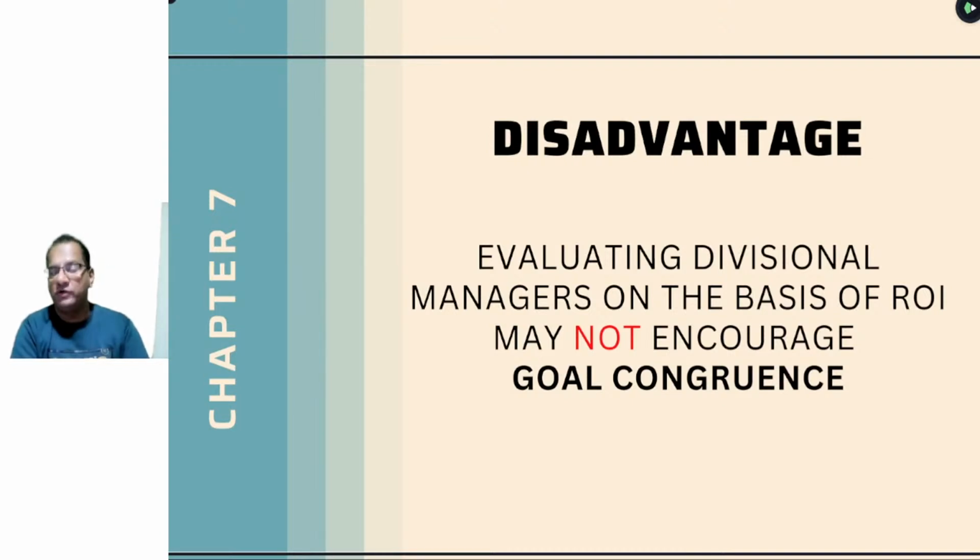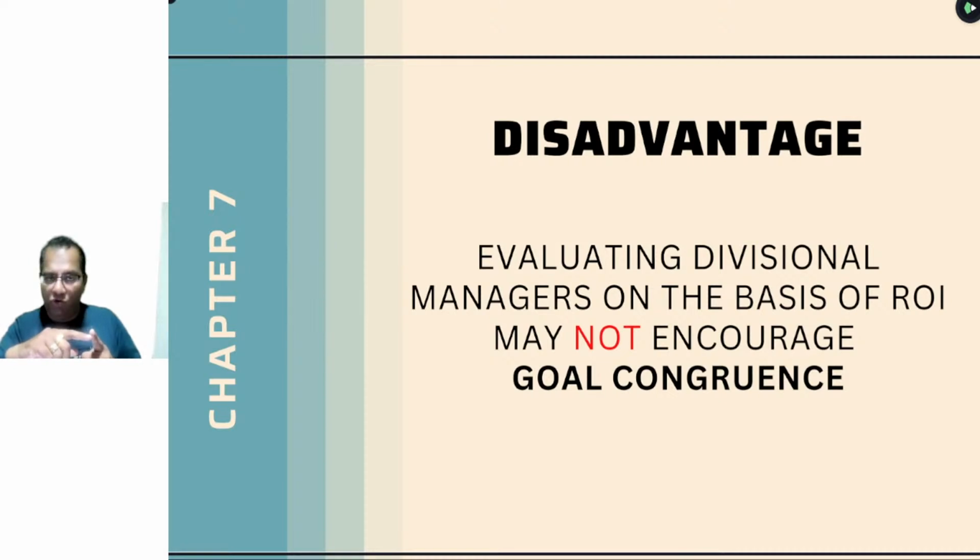What do you mean by goal congruence? Whatever decision has been taken by the department, that decision must benefit the company. This is the biggest drawback of ROI, although it is very simple and very commonly used across the world. We have seen three characteristics of a good performance model.